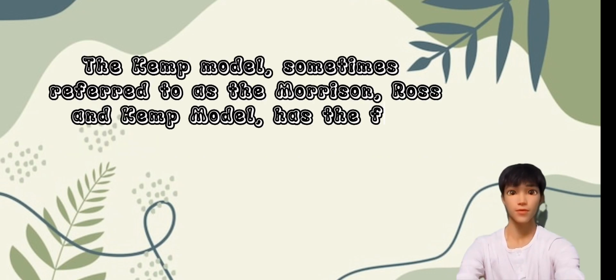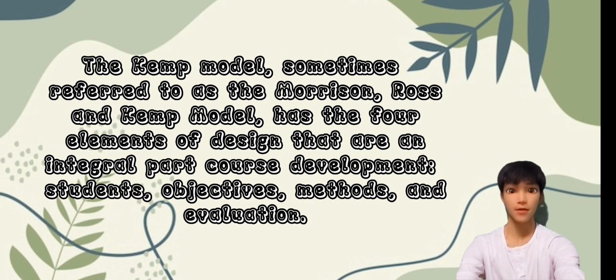The Kemp model, sometimes referred to as the Morrison, Ross, and Kemp model, has the 4 elements of design that are an integral part of course development: students, objectives, methods, and evaluations.